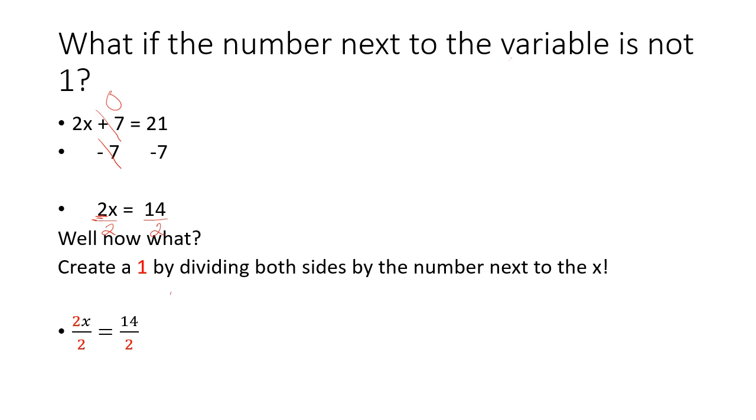So we have 2x divided by 2, which equals 14 divided by 2. Any number over itself is equal to 1, which was our motive, and 14 divided by 2 equals 7. It's very simple.